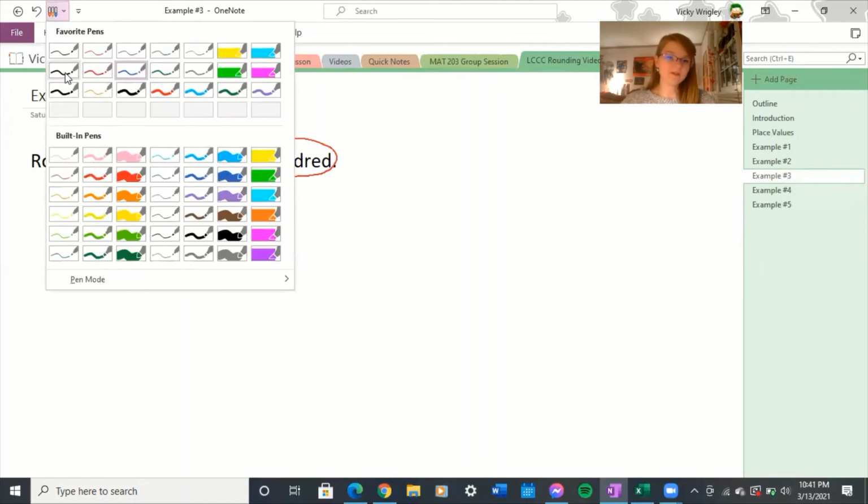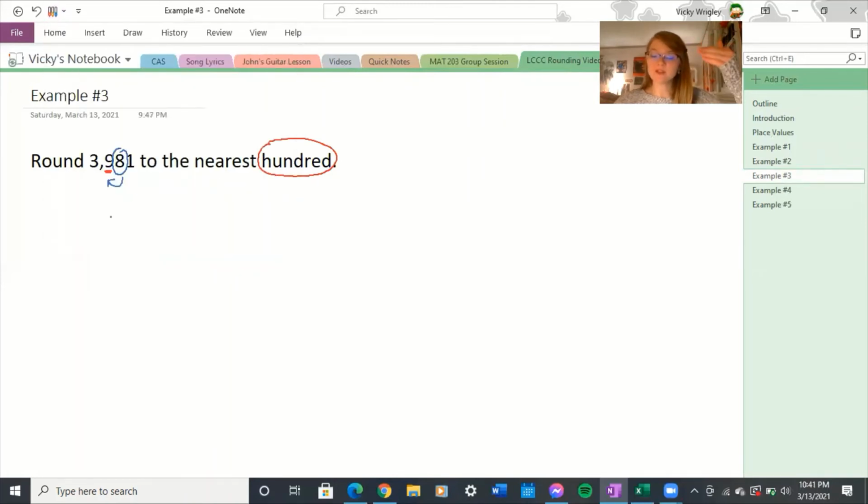So we're going to have to round the 9 up to the next digit. But the next digit up from 9 is 10. So the 9 will get rounded up to 10.